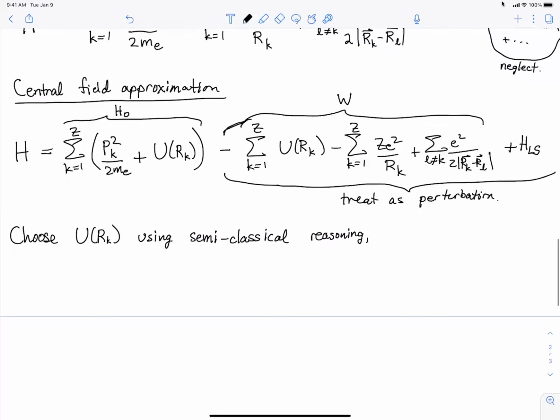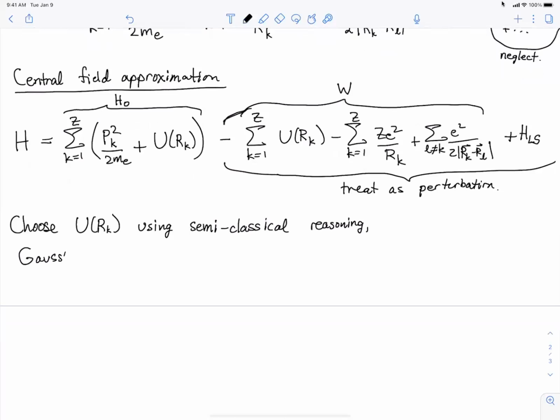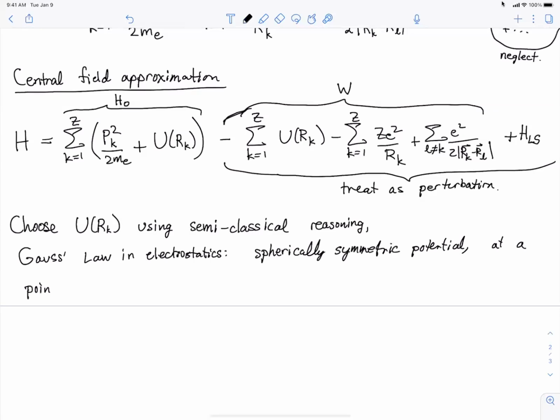But the motivation that we're going to use here is Gauss's law in electrostatics, which tells you that if you have a spherically symmetric potential, then at a point R, the potential and the electric field there only depend on the charge contained within R. So inside R.